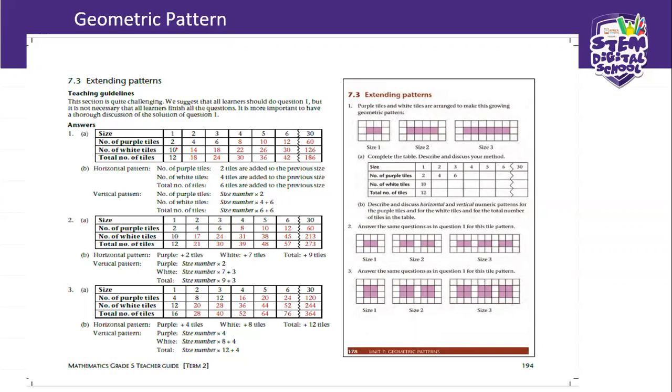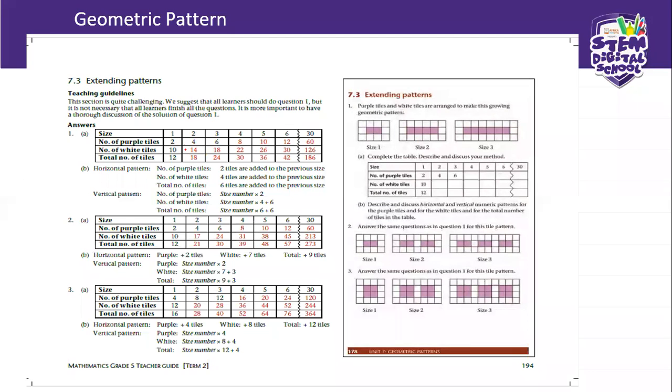Looking at the white blocks, you see that you keep on adding 4, and the purple blocks you keep on adding 2. We could have predicted size 3 without even seeing it at all. Why? Because we have established that these three patterns are related to each other as the sizes go along.